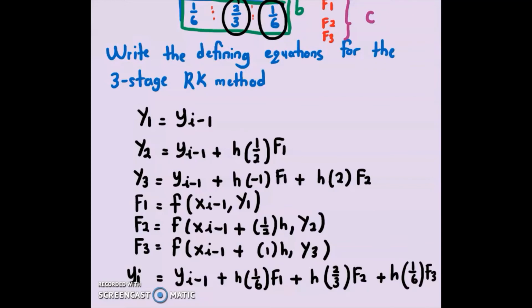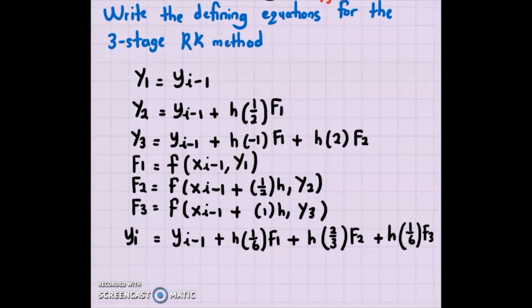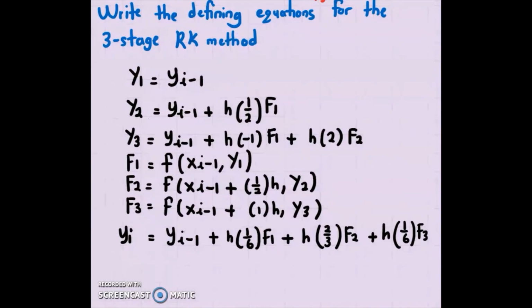So this is what I need here, f3. The f3 that you obtain here will be used when you want to find the update. Okay, so these are the defining equations for the 3-stage RK method.